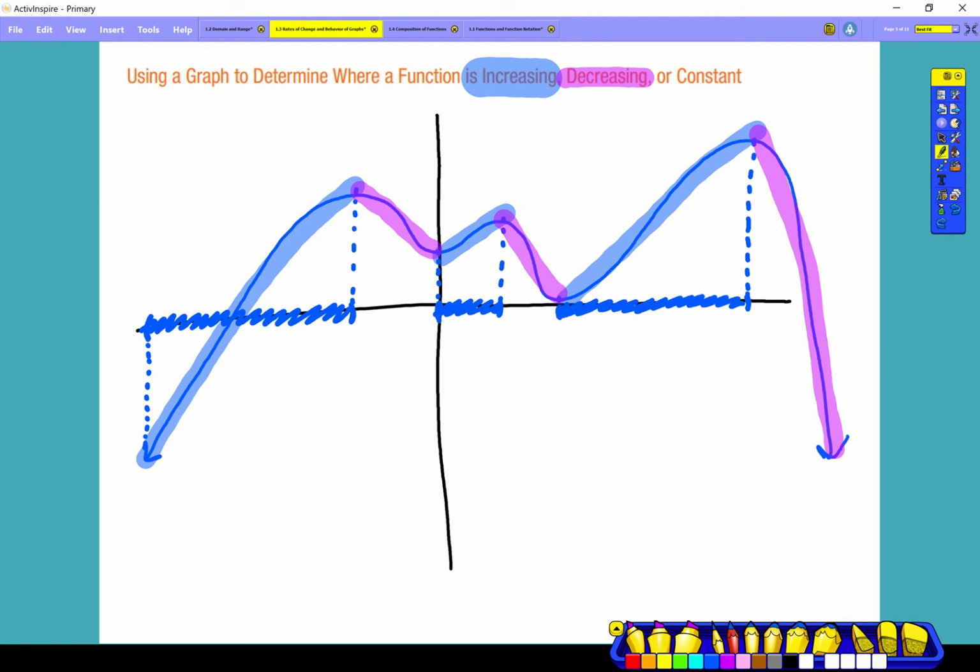That means that on these intervals, you've got your y's decreasing. I'll just keep it there.